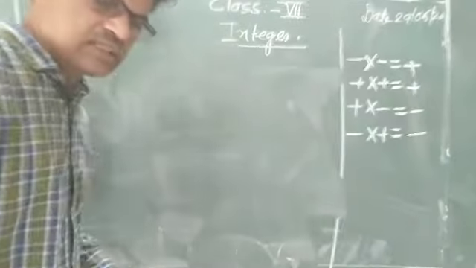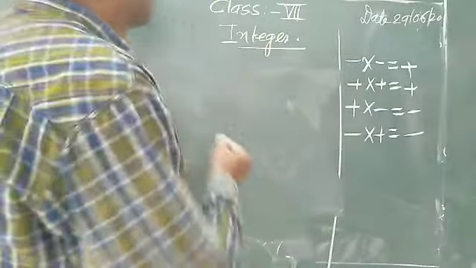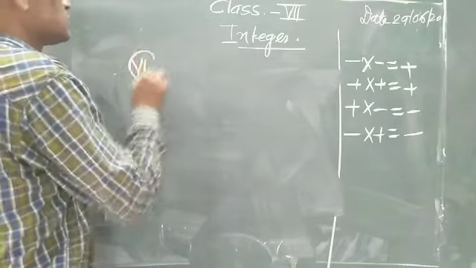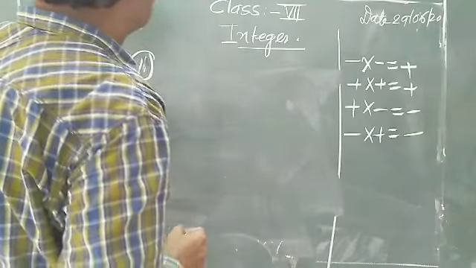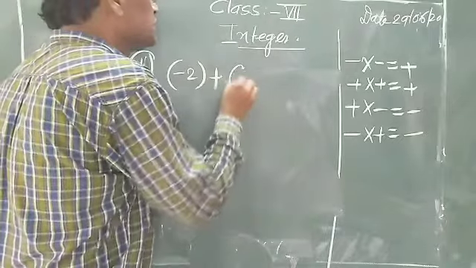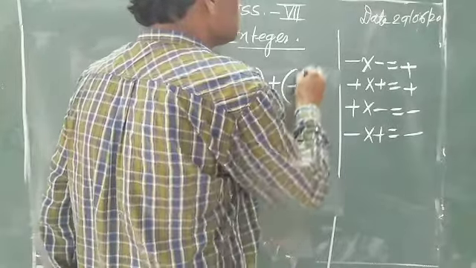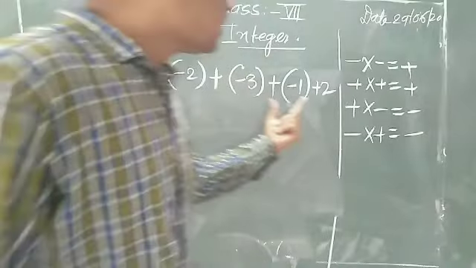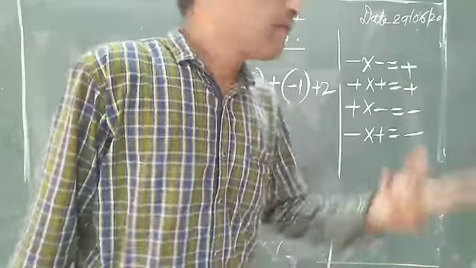When we consider more than 2 numbers, dear student, you see here, fifth: negative 2 plus negative 3 plus negative 1 plus 2. There are more than 2 integers in this case.